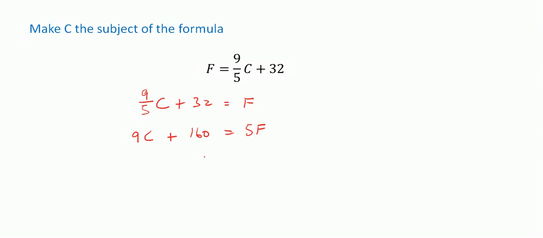And we're making C the subject, so we need to subtract 160 from both sides of the equation. So this becomes 9C is equal to 5F minus 160. And if we have to get rid of the 9, we need to divide both sides of the equation by 9, and this becomes C is equal to 5F minus 160 over 9. Okay.